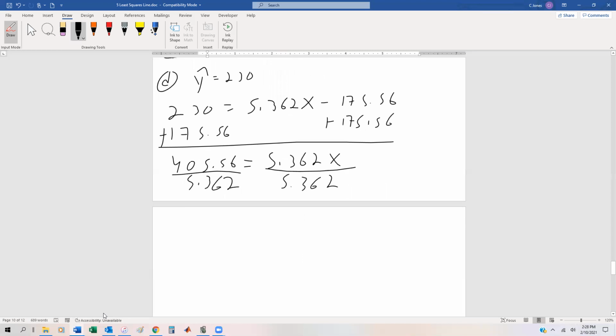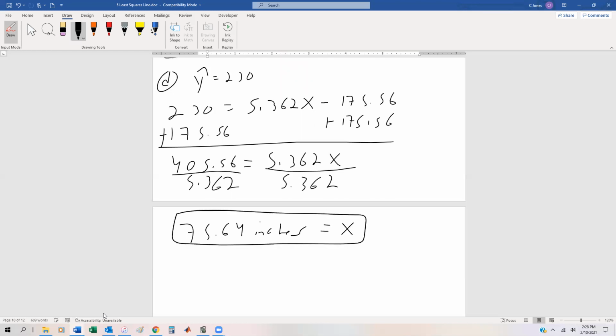Right? And that's in inches. Okay. So what that means is that if the weight is 230 pounds, we predict a height of 75.64 inches.